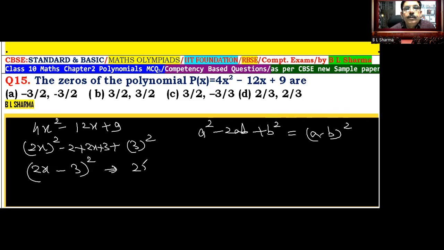So here there are two factors, 2x minus 3 and 2x minus 3. These are two linear factors.